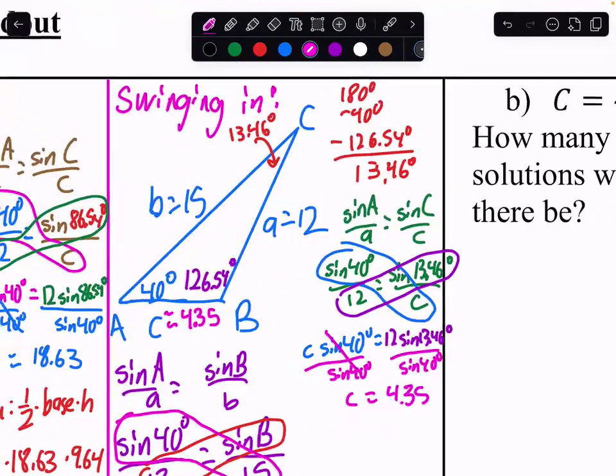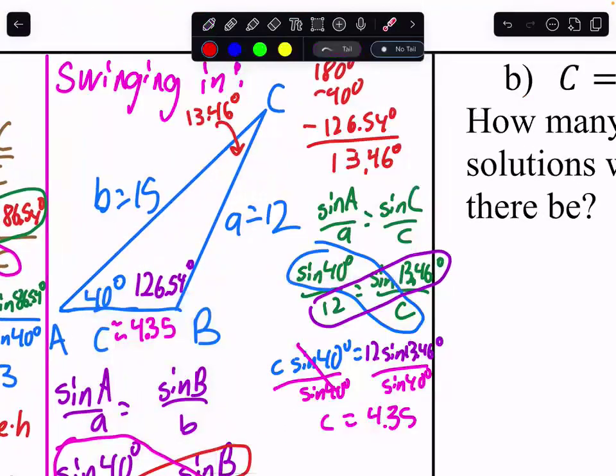All right, so again, let's take our moment to check the three theorems. If I use my calculator to add up 40 plus 126.54 plus 13.46, it does equal 180 degrees. If I add the two shorter sides, 4.35 plus 12 is 16.35, which is more than 15. And then the longest side of 15 is opposite the largest angle.